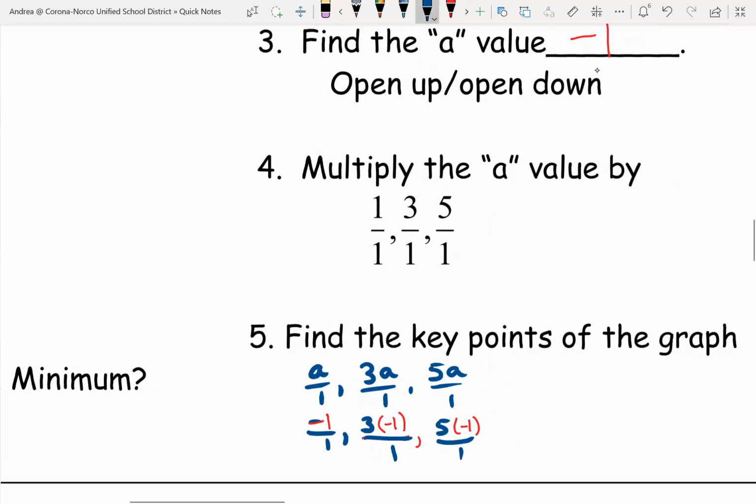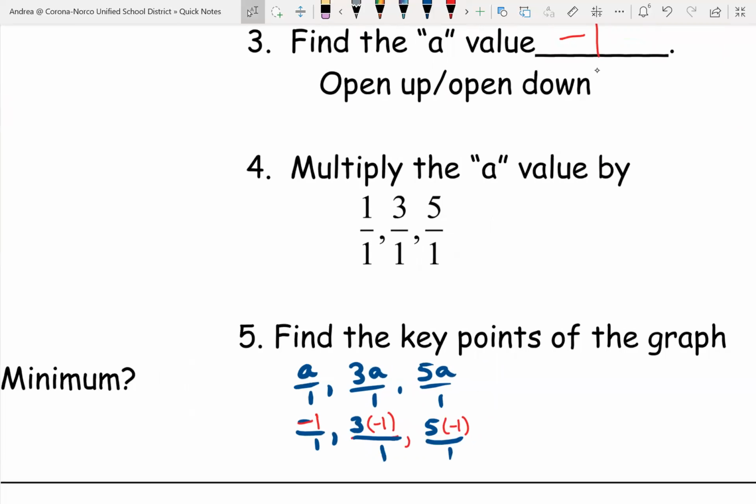So the rate we're going to be using is -1 over 1, then -3 over 1, then -5 over 1. That's the pattern at which we're going to rise.